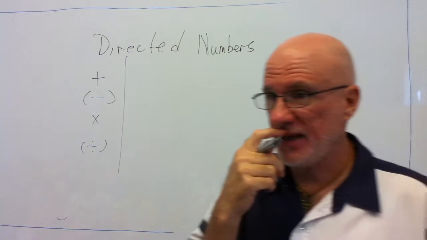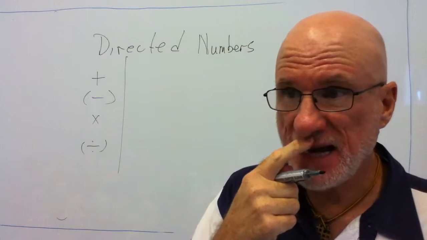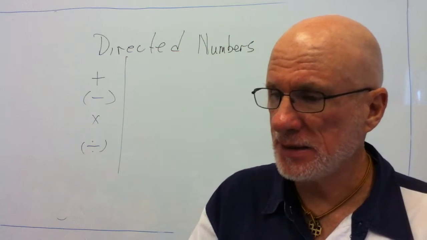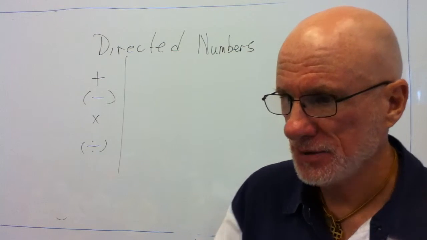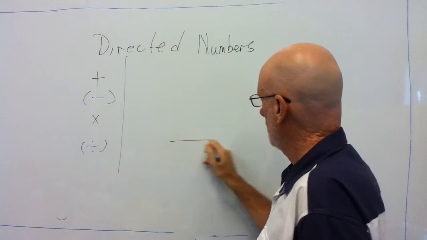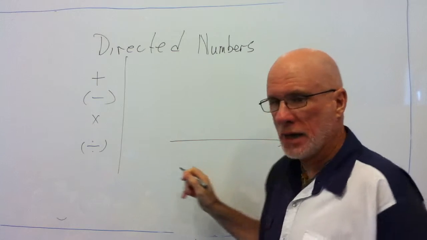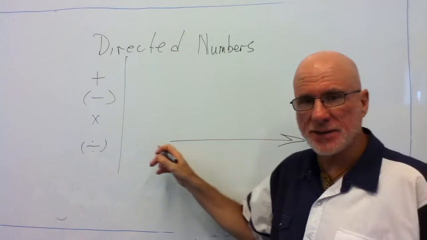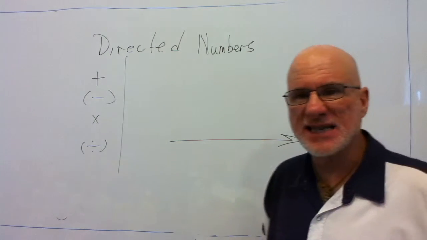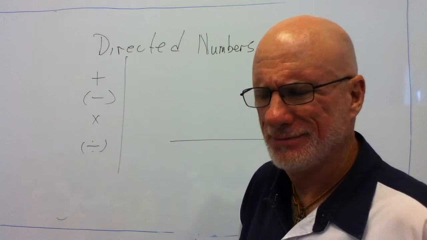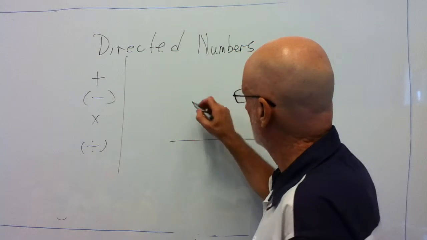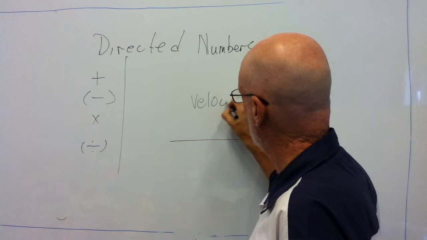Let's look at something in physics. This is not as crazy as it sounds. We're going to call that a velocity vector. We're going to call it velocity.